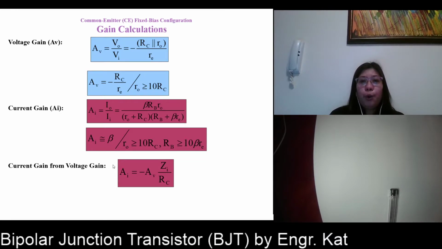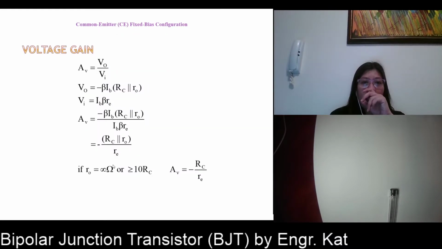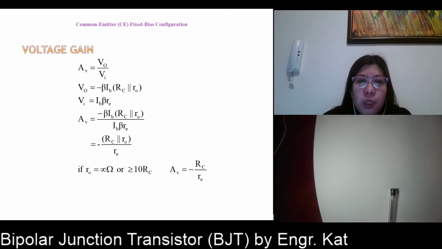So where this came from, we have here the derivations. Just read and understand the derivations. I have included here the step by step derivation, so I'm sure you can follow this one.